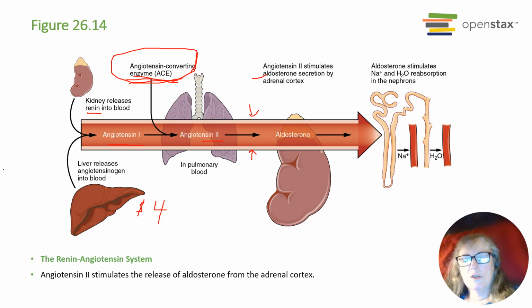You still get the angiotensin 2, but it doesn't work. It blocks the receptors on the vessels that can cause vasoconstriction. It blocks the receptors that cause aldosterone to be released, and it basically lowers your blood pressure.